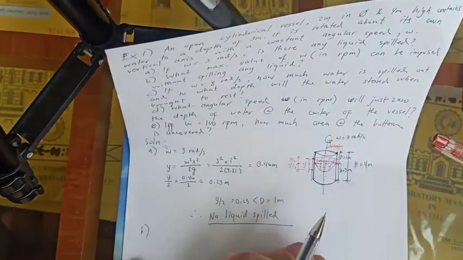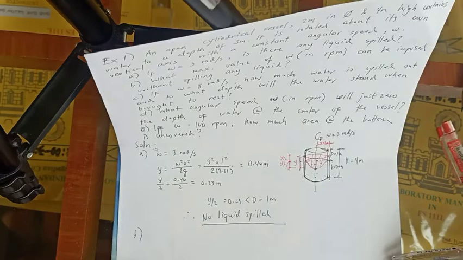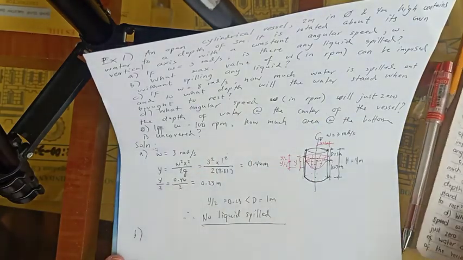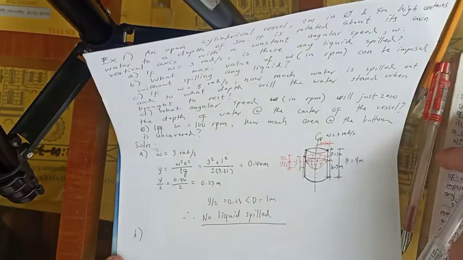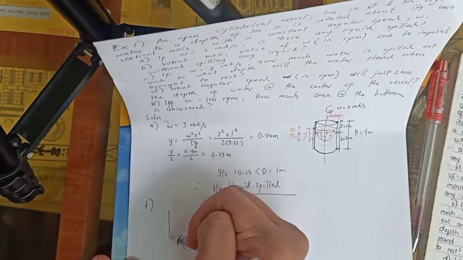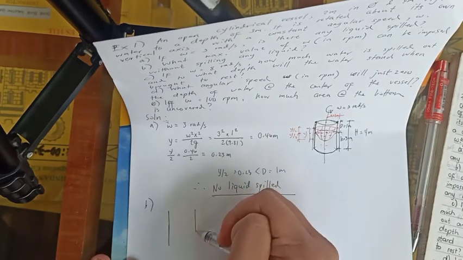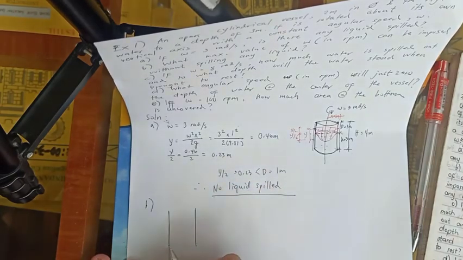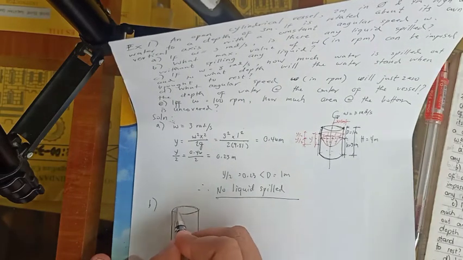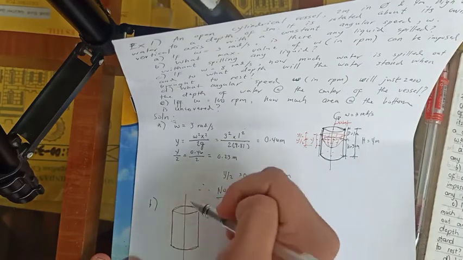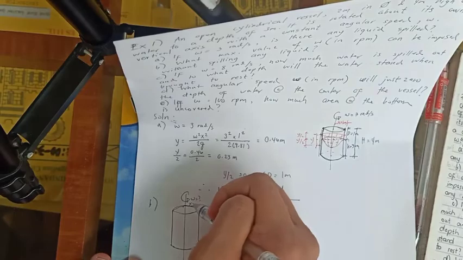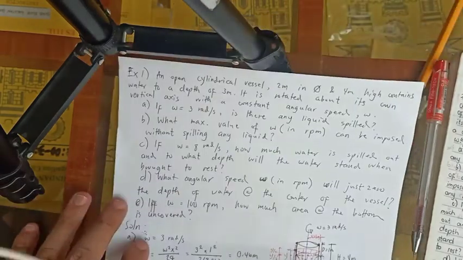So the angular speed is what we need to find. Given the illustration, omega is unknown, x is 1.